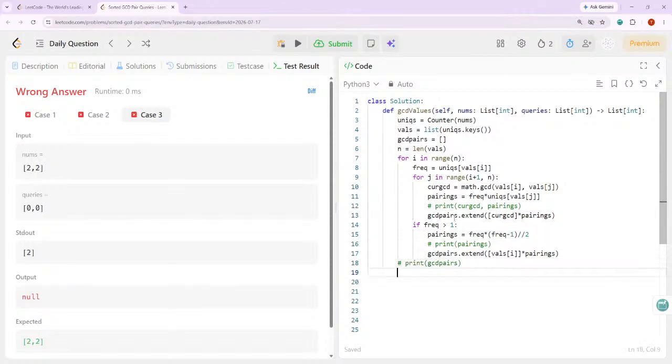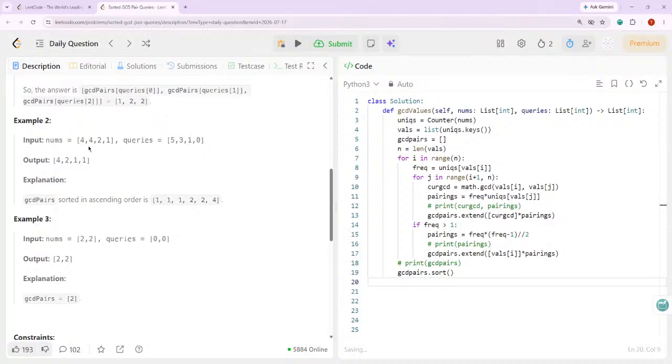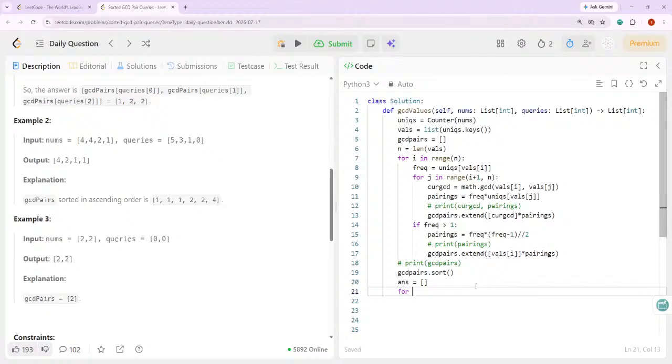So then I would do GCD pairs sort, and then I would do each query. Actually, I can do this with a list comprehension, I think.